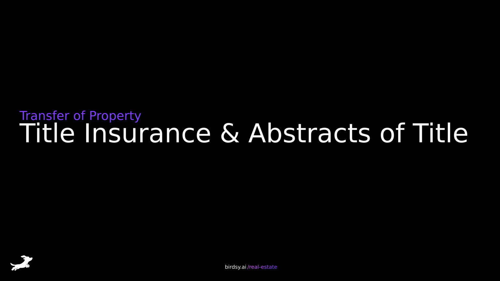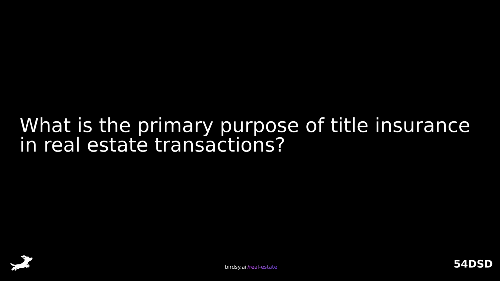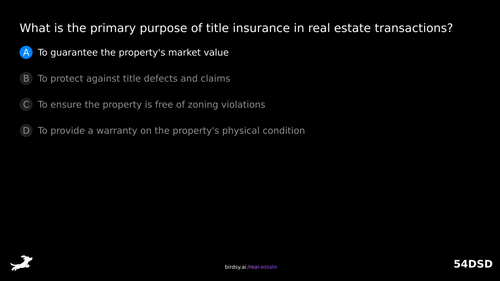completed. Title insurance and abstracts of title. What is the primary purpose of title insurance in real estate transactions? Is it A. to guarantee the property's market value, B. to protect against title defects and claims, C. to ensure the property is free of zoning violations, or D. to provide a warranty on the property's physical condition?